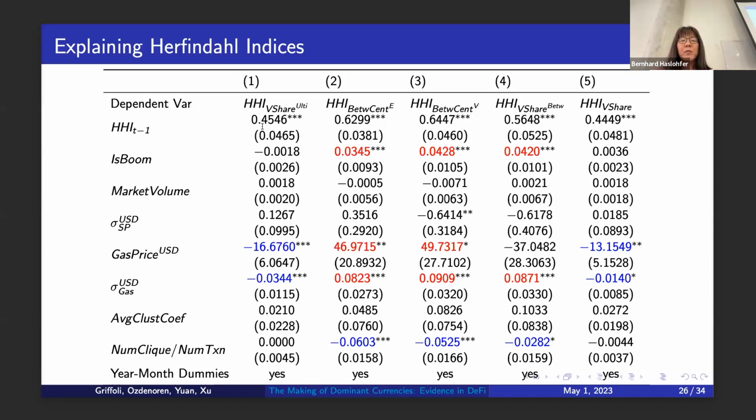And for other roles, the unit of account and the store of value, we draw slightly different conclusions. We see when the price is high, when the transaction cost is high, when the volatility of transaction cost is high, you see less concentration for currencies for other purposes, store of value and unit of account.